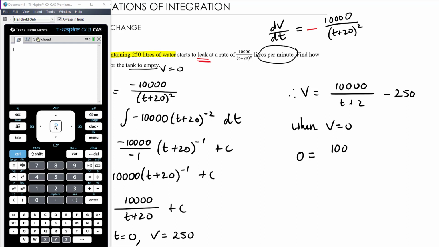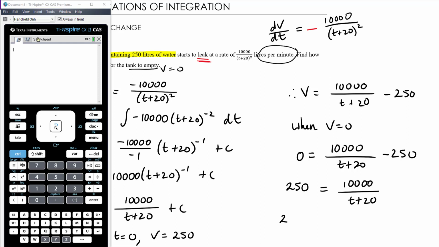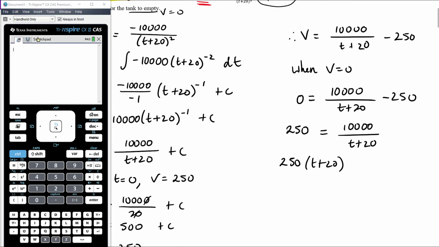So that means 150 is equal to 10,000 over (t plus 20). 150 times (t plus 20) equals 10,000.